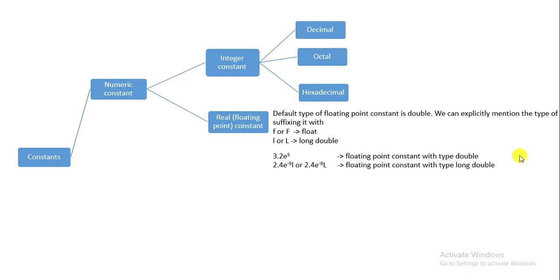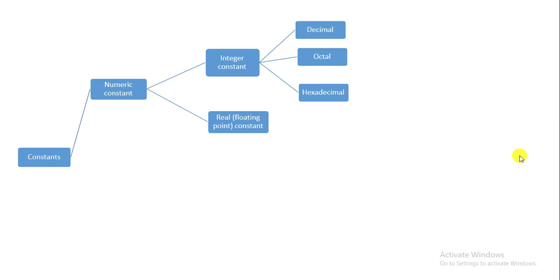In this number we have a suffix L, nothing but this floating point constant is of type long double. And here we have a suffix F, nothing but this is a floating point constant of type float. So this is all about numeric constants. The default type of an integer constant is int and the default type of a floating point constant is double.